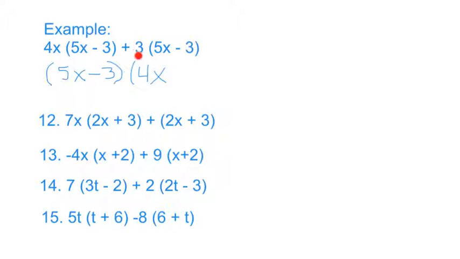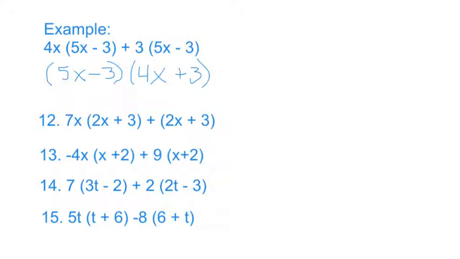And it's a plus 3, right? So we're going to put a plus 3 on here. What I've done is I pulled out that common factor from both terms, and this is the factored polynomial. Does anybody have any questions about that?